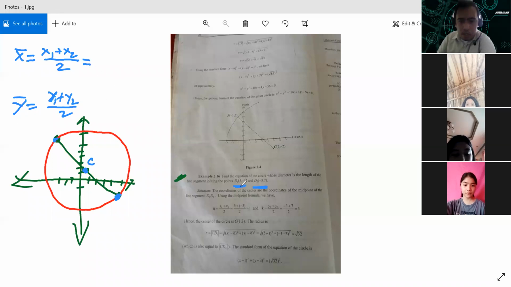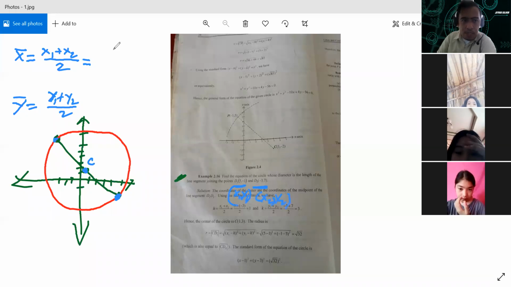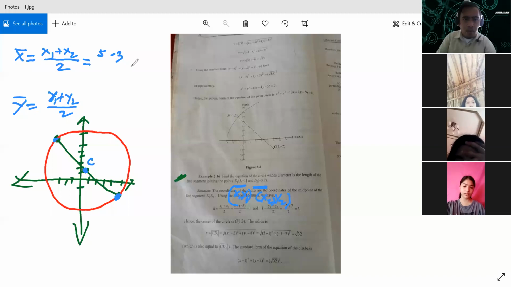So if you set this as x sub 1, y sub 1, and here x sub 2, y sub 2: your x sub 1 is 5 plus your x sub 2 is -3, so it will be 5 minus 3 over 2, and obviously that is just 2 over 2 or 1.